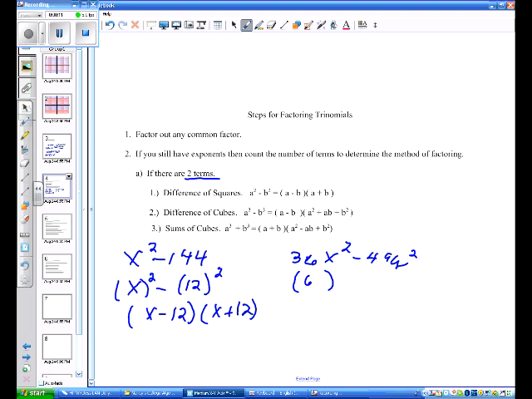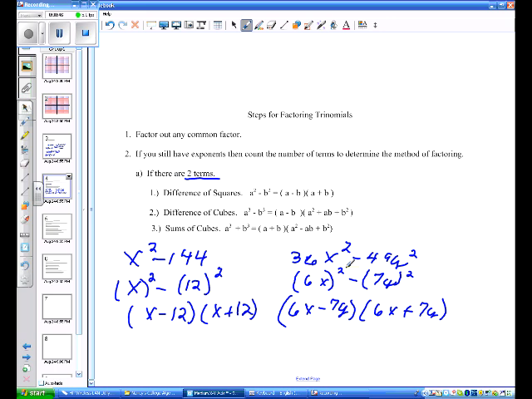This is the same as 6x squared, since 6 squared is 36, minus 7y squared, since 7 squared is 49. So we wrote it in the form of a squared minus b squared. So this will factor to be 6x minus 7y times 6x plus 7y. And we have our difference of squares.